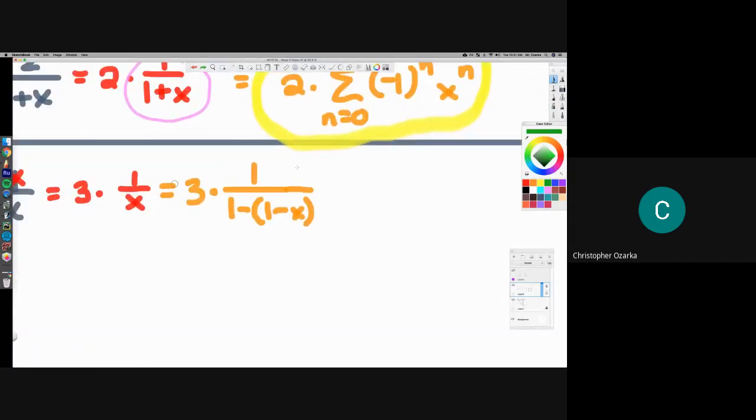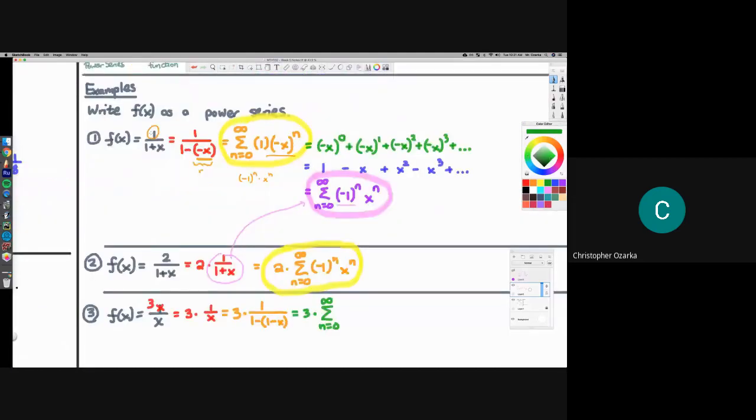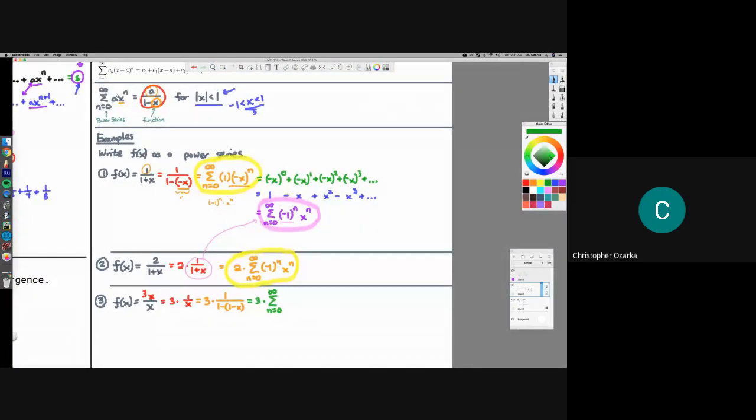All right, here we go. This is going to be equal to 3 times the sum from 0 to infinity, because that's our geometric series sigma that we need. Our A for this part is just going to be 1 because we took the 3 out, so that's awesome. Now it's x to the n, but that's when it's x. It's 1 minus x.